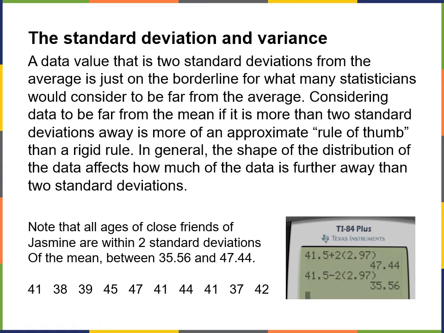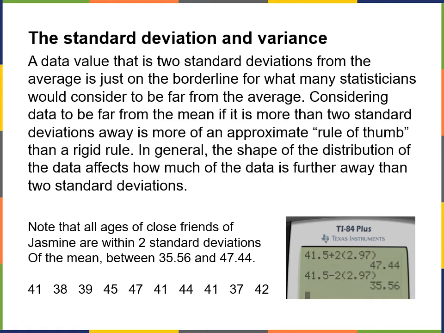What statisticians consider is that anything in that range, within 2 standard deviations of the mean, would be considered a normal or relatively usual value. So most of our data values should fit into that range. And anything that sits outside of that range is considered to be unusual, right? And this is what we call a rule of thumb. It's not a hard rule we go by, because different data sets could break this rule.